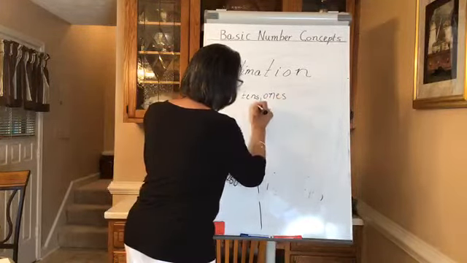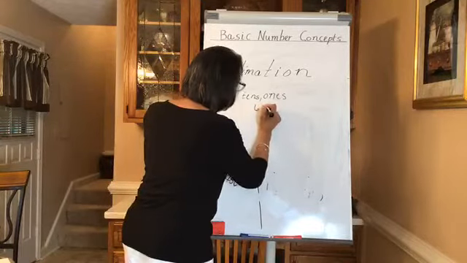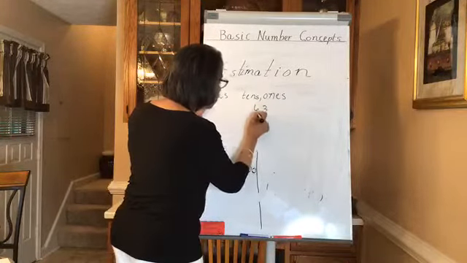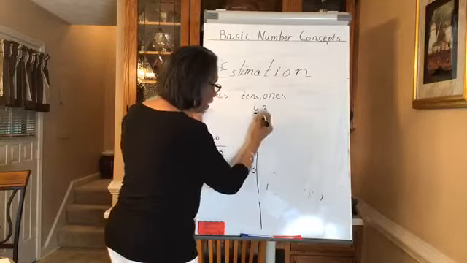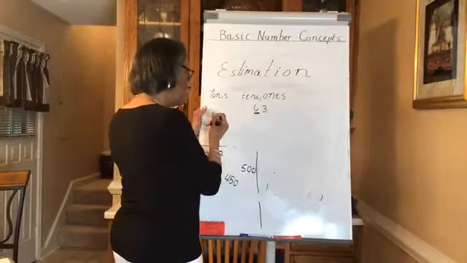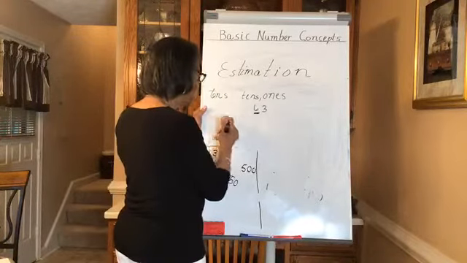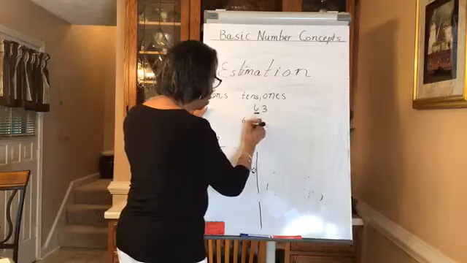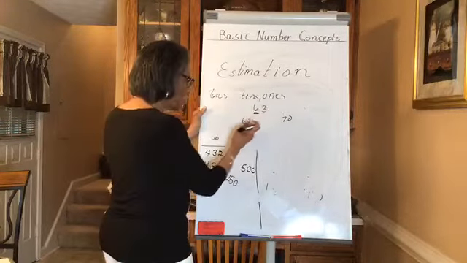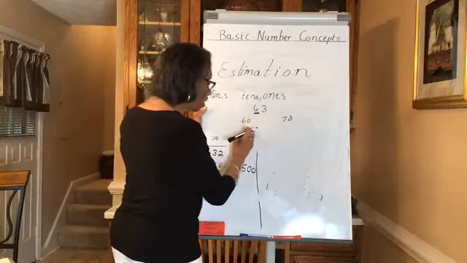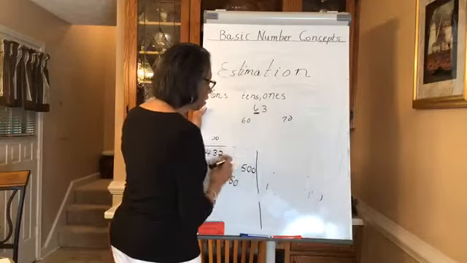So I could have a number like 63. All right, I would underline this, and I look at this number in the ones. If it's a 3, I know it's closer to the lower number because that's between 60 and 70. So 3 is closer to 60. 63 is closer to 60 than to 70.